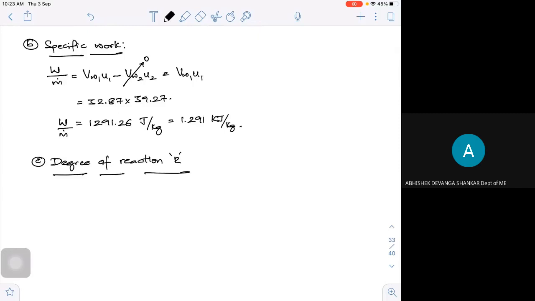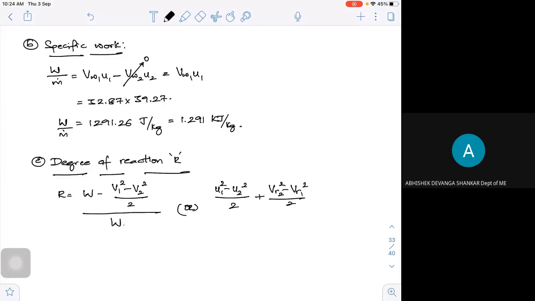Degree of reaction R is equal to, already we have this formula, that is your work done W minus the kinetic energy, V1 square minus V2 square by 2, whole thing divided by W. Or I can use this formula also: U1 square minus U2 square by 2 plus VR2 square minus VR1 square by 2, divided by W.